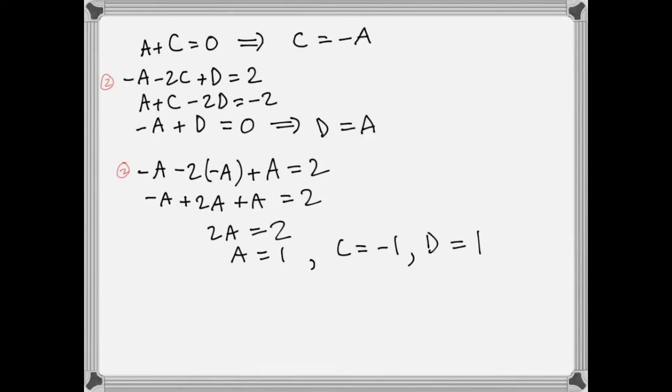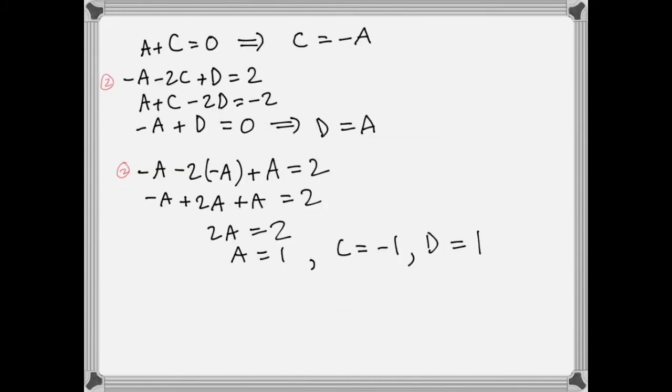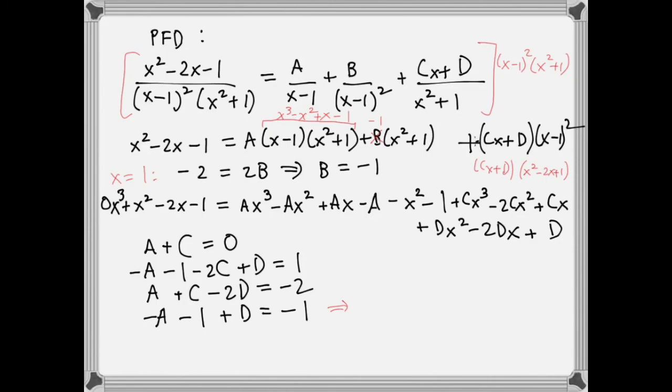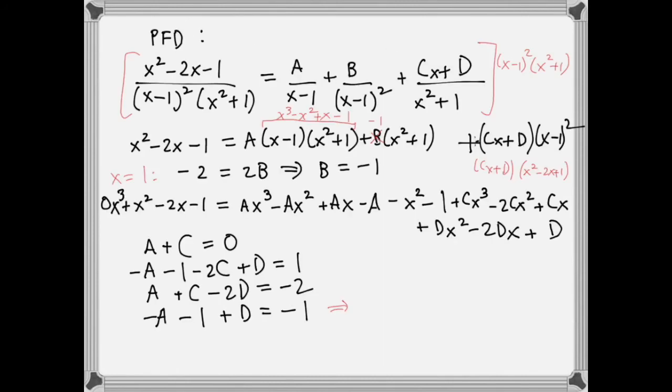Okay, so if I go back to my very beginning here, remember A is 1, so that means I have 1 over x minus 1. Next, B, what was B?